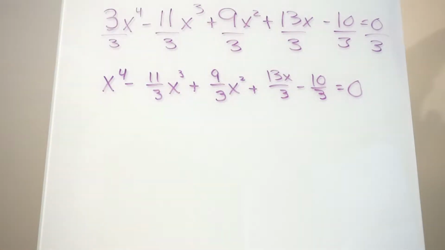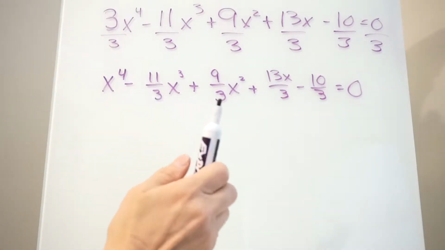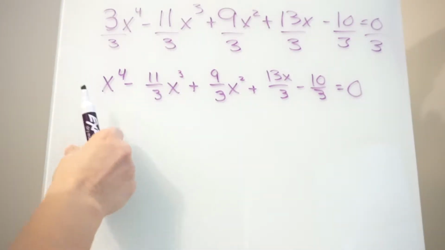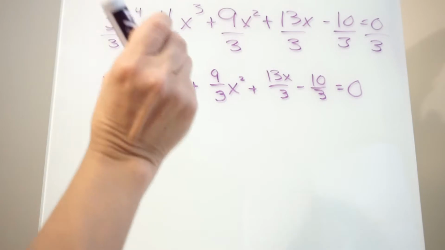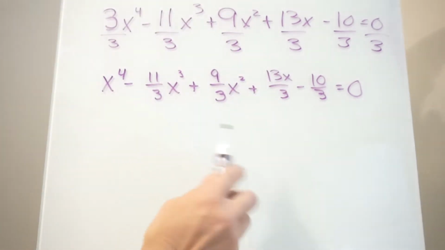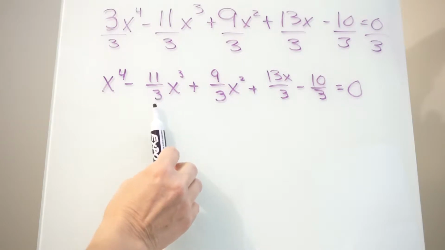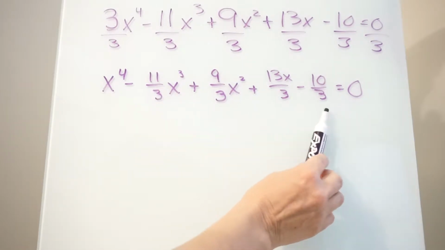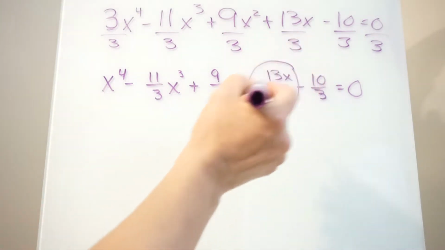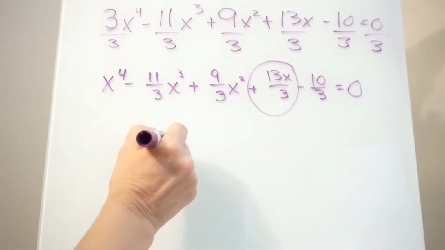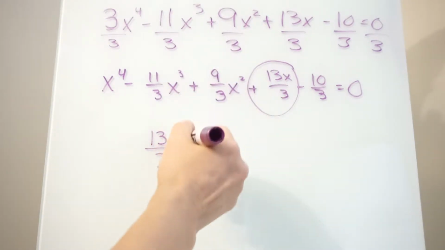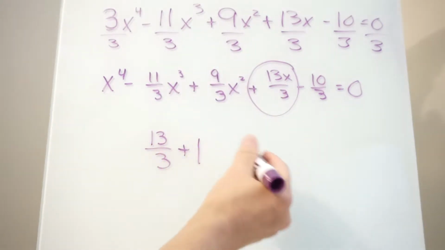We look at this normalized polynomial equation and find the largest absolute value term. So we have 11 thirds, 9 thirds, 13 thirds, and 10 thirds. Obviously, the largest one is 13 thirds. The region of interest is going to occur within the largest term plus 1.